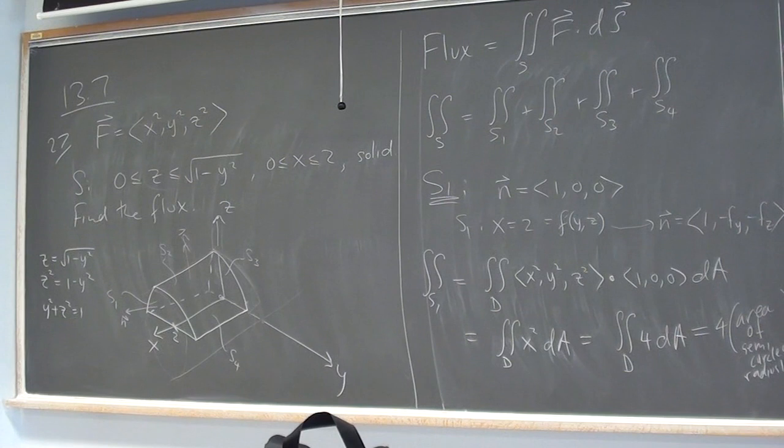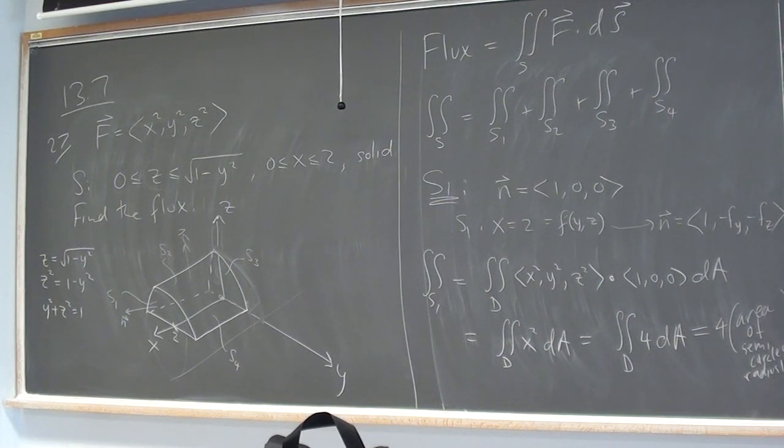And so now the integral over S2 of F is just going to be the double integral over D of (x squared, y squared, z squared) dot (0, y over the radical of 1 minus y squared, 1).